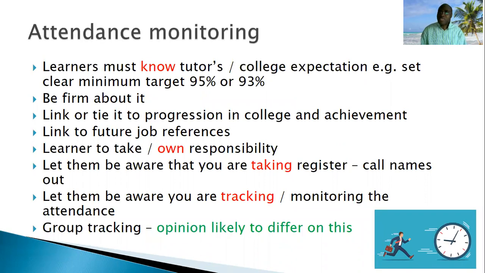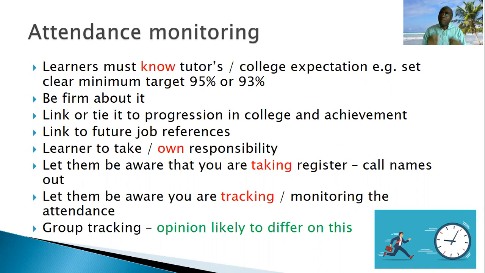So let us start with attendance monitoring. In other words, how to monitor students' attendance. The most and the first important thing is to ensure that learners know what is the college expectation or what is the tutor's expectation.